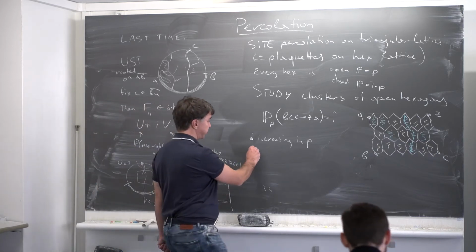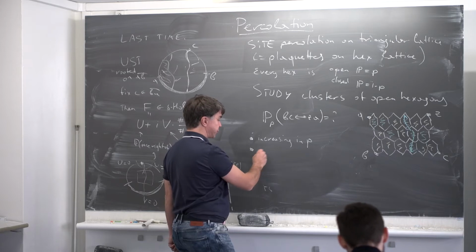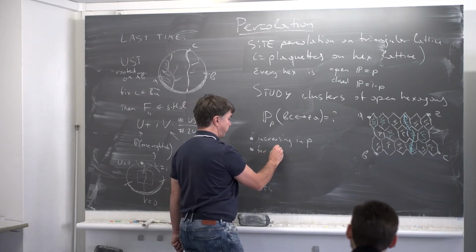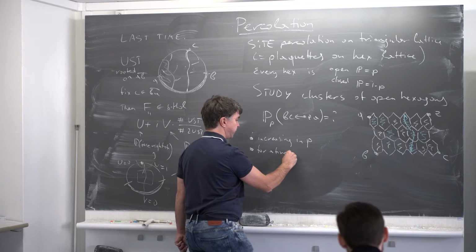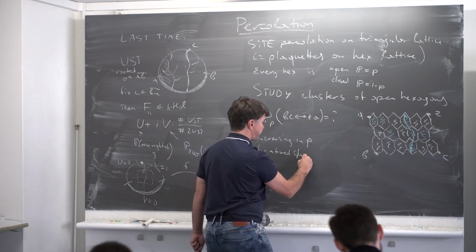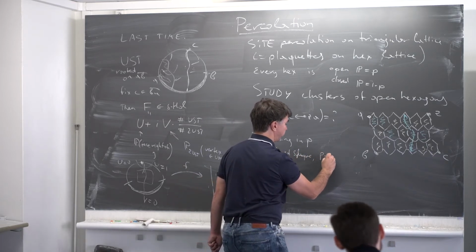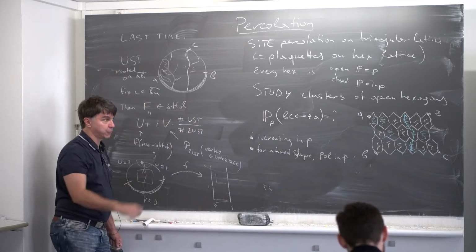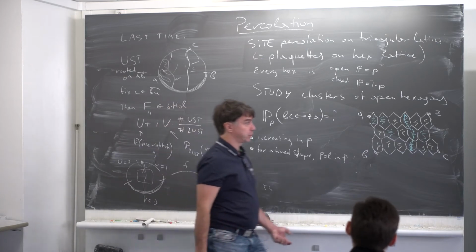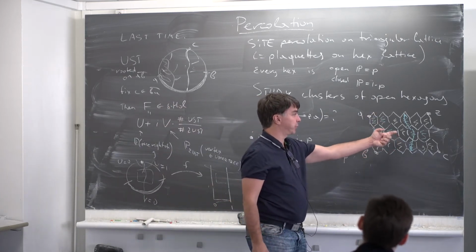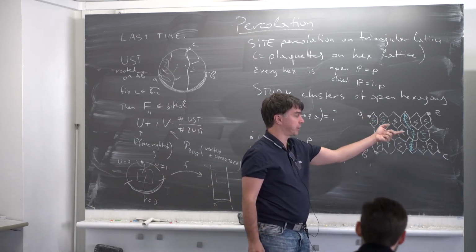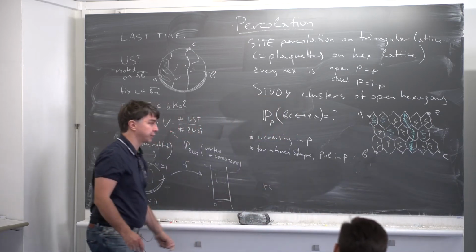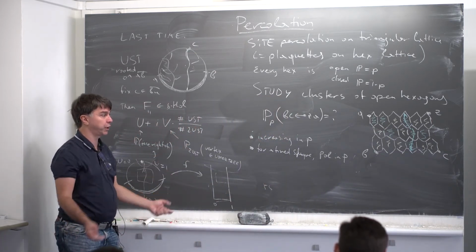The other observation is that for a fixed shape, it's a polynomial in P. Why? Because the probability of every configuration is polynomial in P, so you just count how many blue, take P to this power, how many yellow, 1 minus P to this power, multiply, so that will give you the probability of this configuration, then you add up.